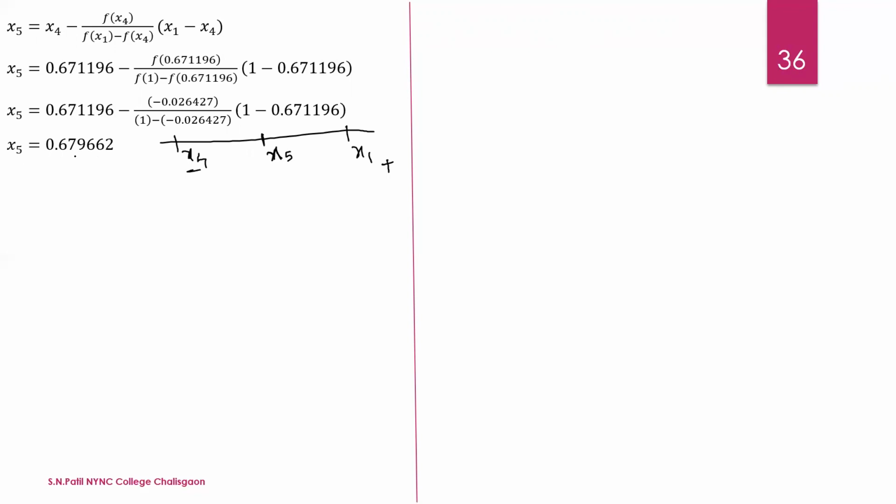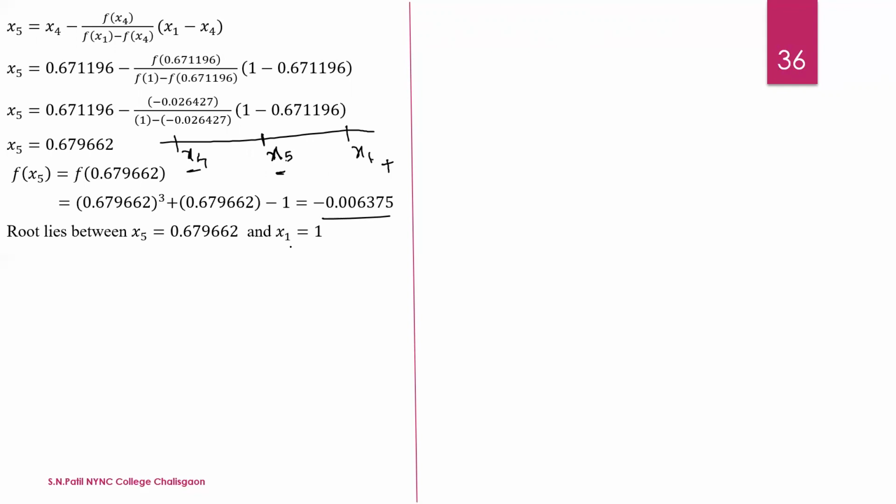Now let us find its image. So put this x5 in equation number 1. Then we get a negative value. So this is negative. It means root lies between x5 and x1. Okay. Now the next iteration. Here the suffix value is 6 and instead of x4, write x5. Now put the value of x5, put the value of x1 here.